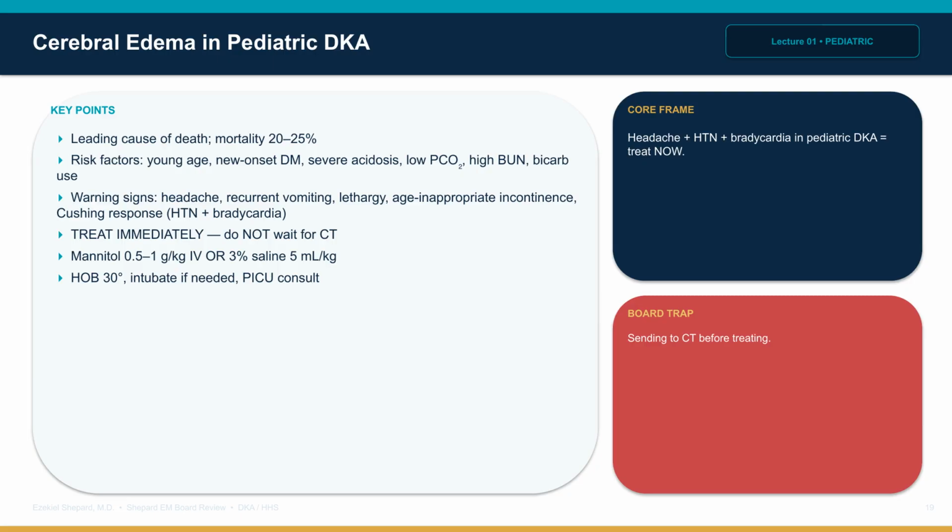Treatment is immediate mannitol 0.5 to 1 gram per kilogram IV over 20 minutes, or 3% hypertonic saline, 5 milliliters per kilogram over 30 minutes. Do not wait for the CT scan to treat this patient. Elevate the head of the bed 30 degrees, intubate if needed, and contact pediatric ICU. The board trap is delaying treatment for imaging.